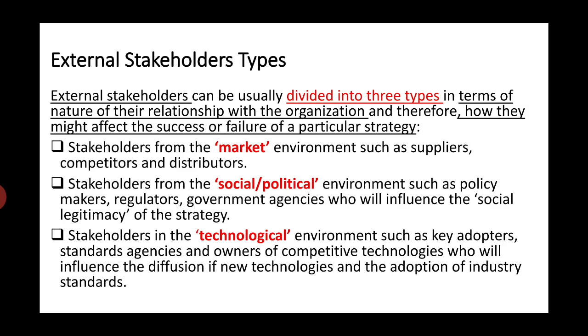So stakeholders from the technological environment are those who will influence the diffusion or spread of technologies for those people who are benefiting from the technological environment. If they are making use of a new technology and adapting to the industry standards, to the standards of that technology, they are on the safe side.